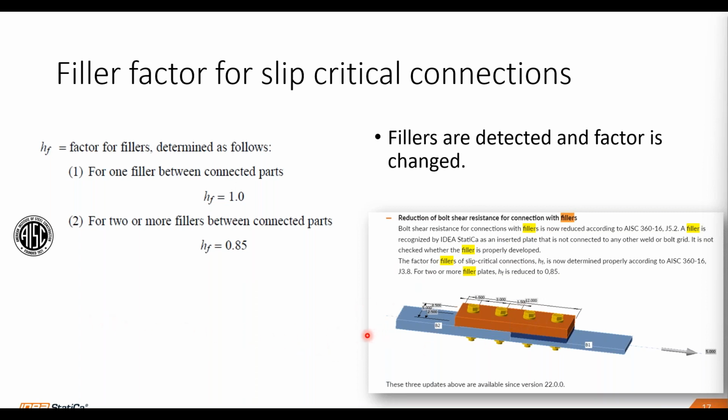A filler is recognized by IDEA StatiCa as an inserted plate that is not connected to any other weld or bolt grid. You will see that when you're seeing results in the bolts, you will see that hf factor, so you will see if that was changed or not.